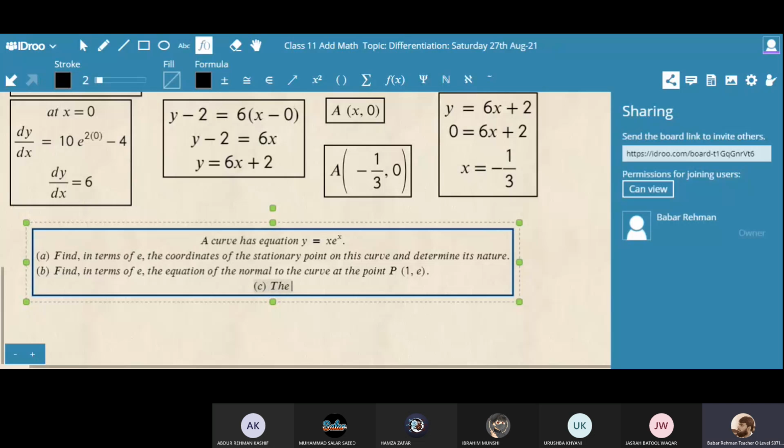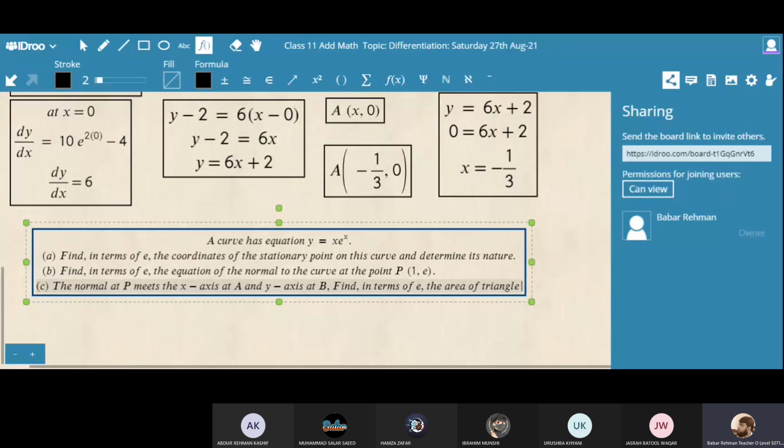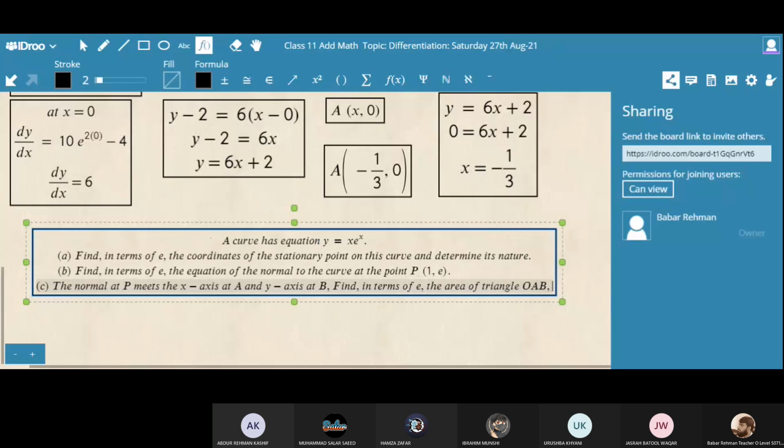You start doing part A. The normal at P meets the x-axis at A. And in terms of area of triangle OAB, where.